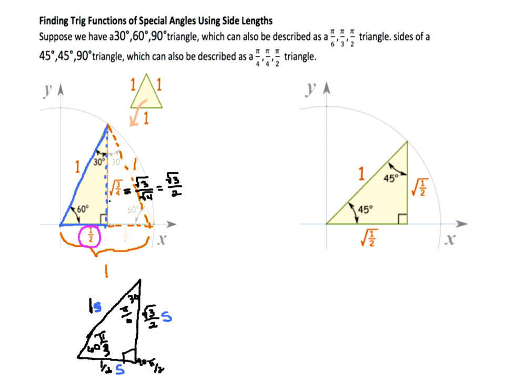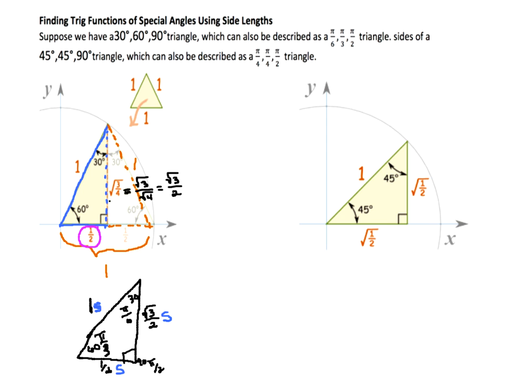Let me ask you this. Do you understand where the 1, the 1/2, and the square root of 3/2 come from? That's the important part right now. Okay, as long as you understand that, you're okay. The S's that I just wrote in there will make sense in just a moment.